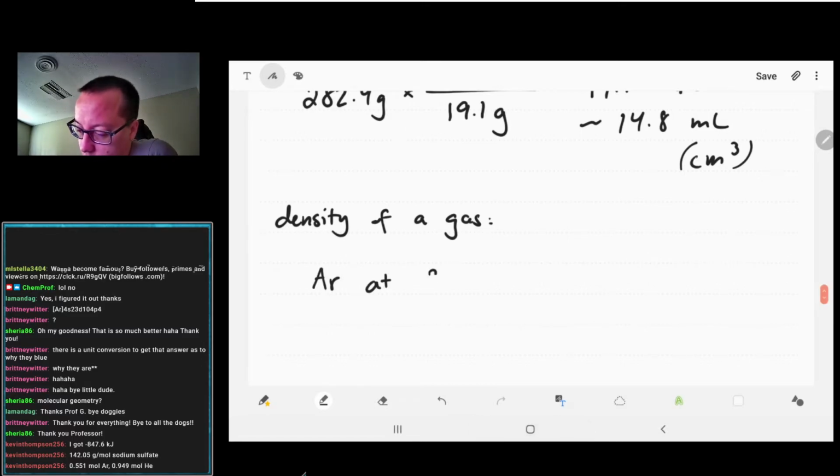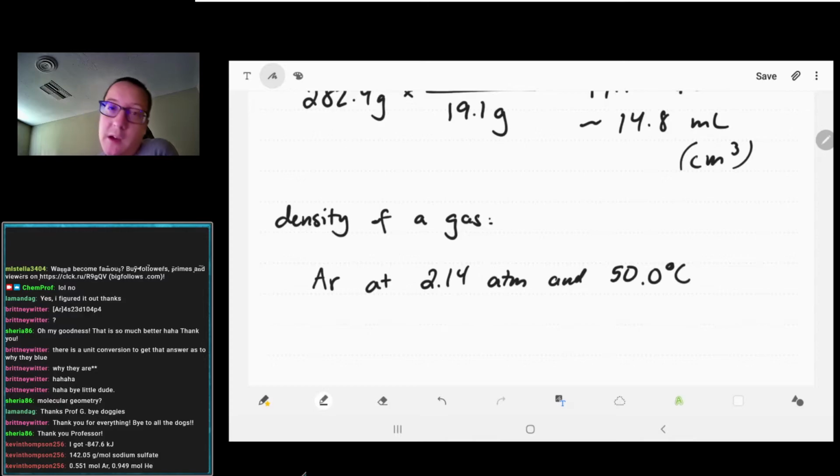At 2.14 atmospheres and 50 degrees Celsius. So we are not at the beach today with our, well, this time we have a non-toxic gas, so go figure, now we're not at the beach. But there we go. Let's see, what else are we gonna need here? No, that's it.